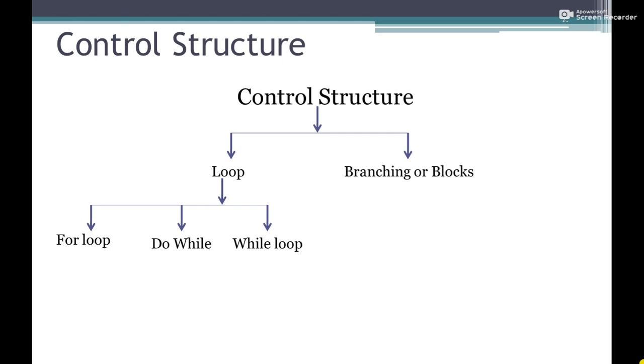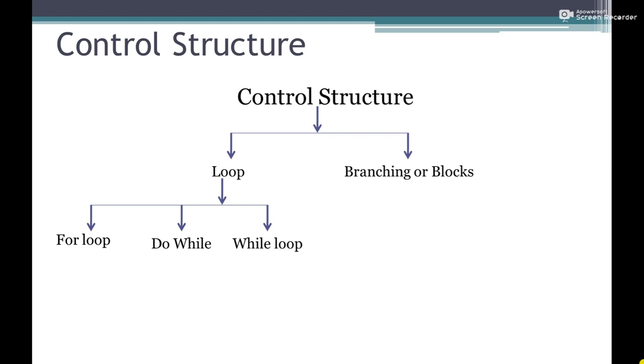The next is do while. All three types of loops are used to display a sequence, but each of them has a different way to perform its work. As I told, the for loop works in this way, and the do while works differently. It will first execute all the statements and then check the condition.